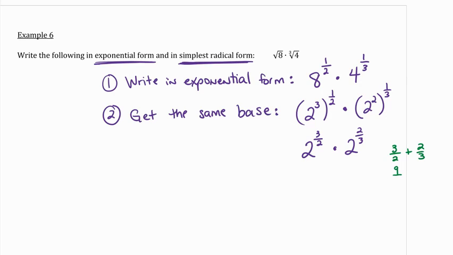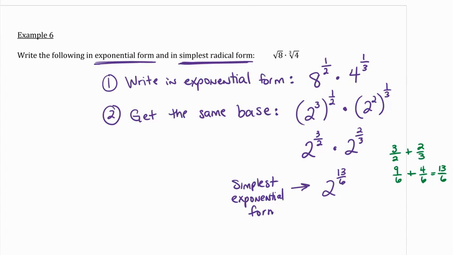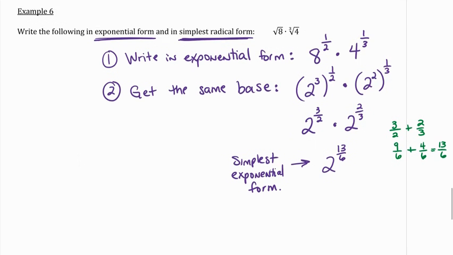So this would be 9/6, plus this one would be times 2, so 4/6, which gives us 13/6. So then that means I keep the same base. I add my exponents together. So it'd be 2 to the 13/6. This is our simplest exponential form. Right? That's as simple as we can get it there.